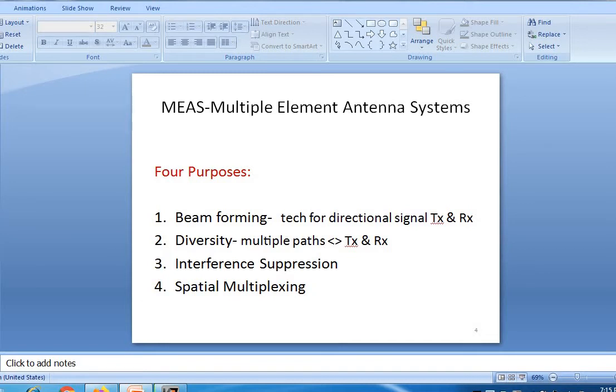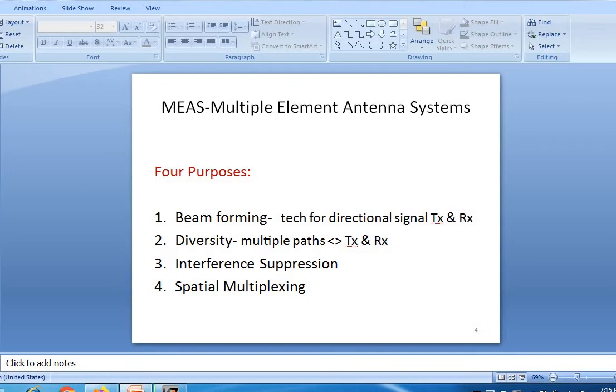Between the transmitter and receiver, multiple paths can be provided so that multiple signals, or multiple copies of the signals, can be transmitted. What is the advantage of this? If any one of the signals undergoes fading and is not able to be reconstructed at the receiver, the other remaining copies can be used for the reconstruction. So by this, the bit error rate is improved.